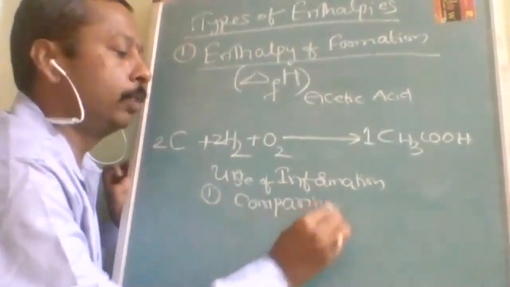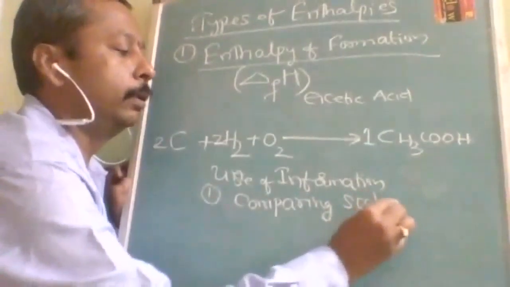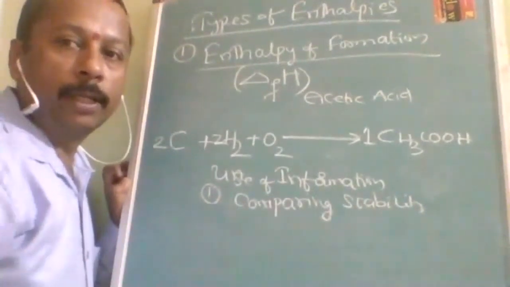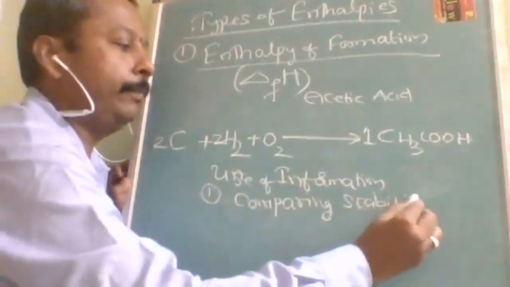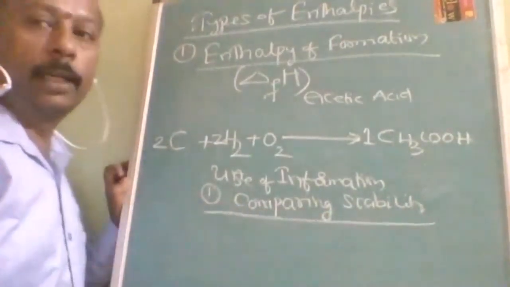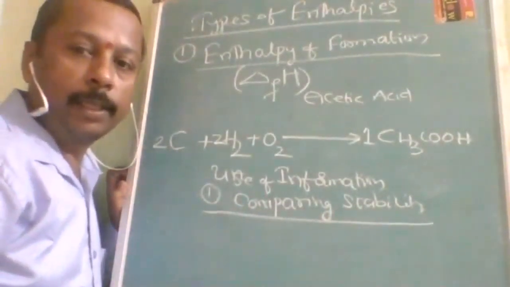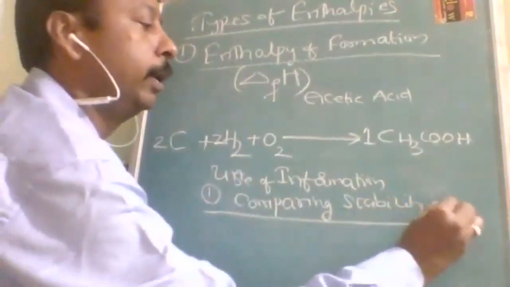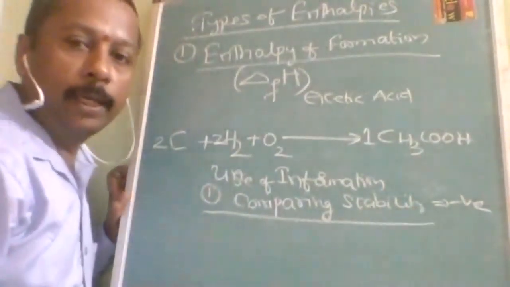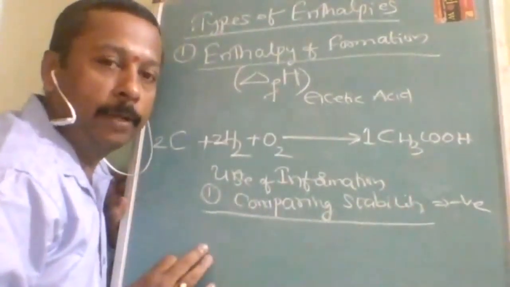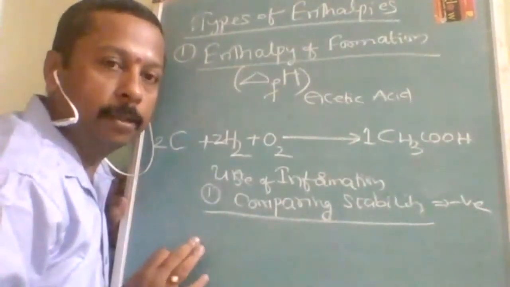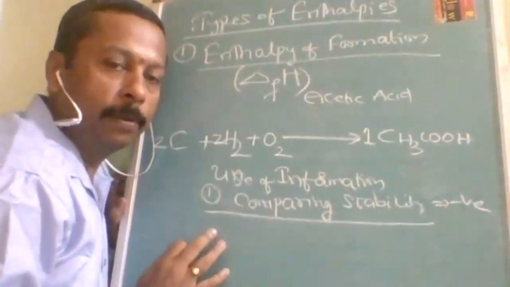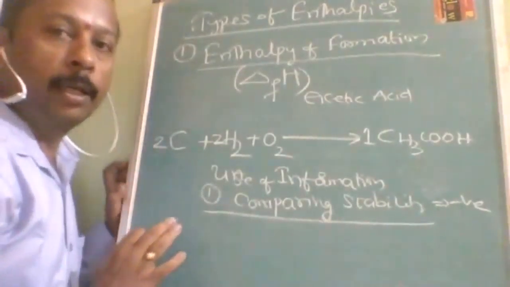Suppose we have two compounds; the compound with the more negative enthalpy of formation will be considered more stable. If the enthalpy of formation is positive, it is unstable. If it is negative, stable. More negative, more stable. More positive, less stable or more unstable.